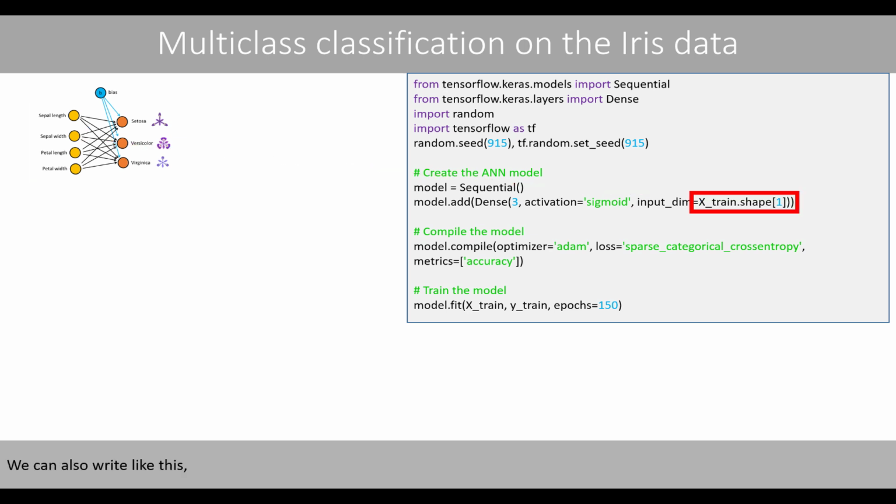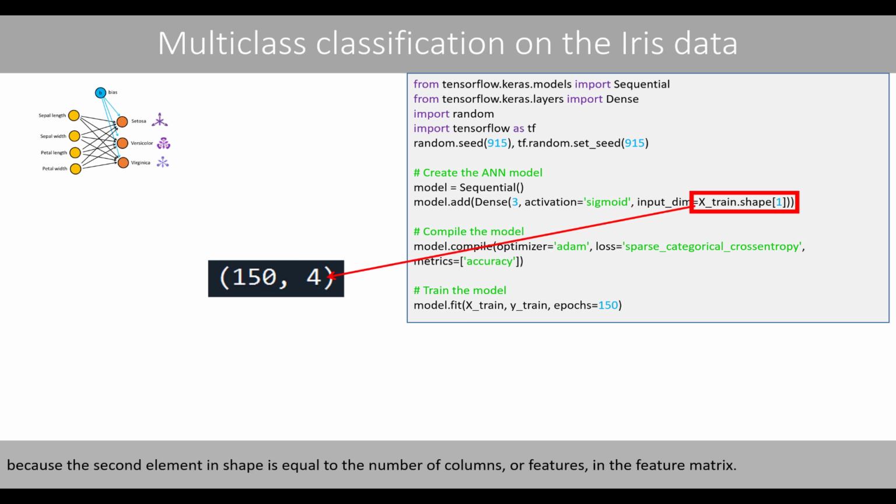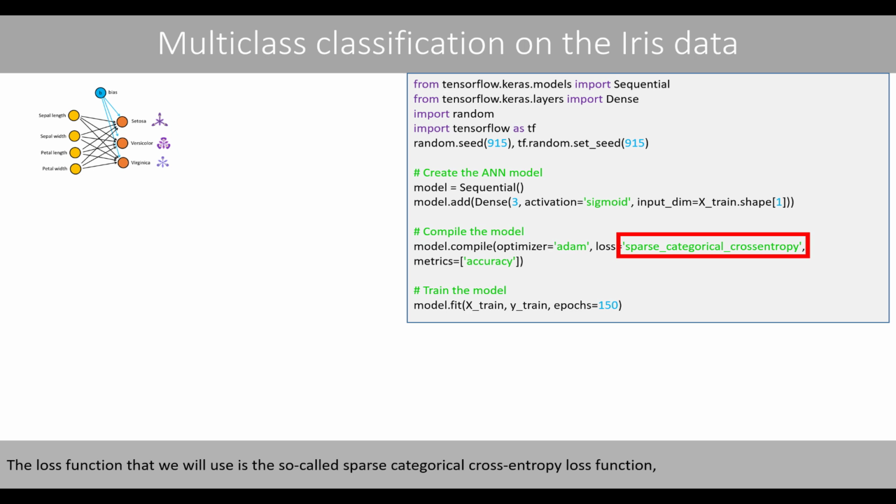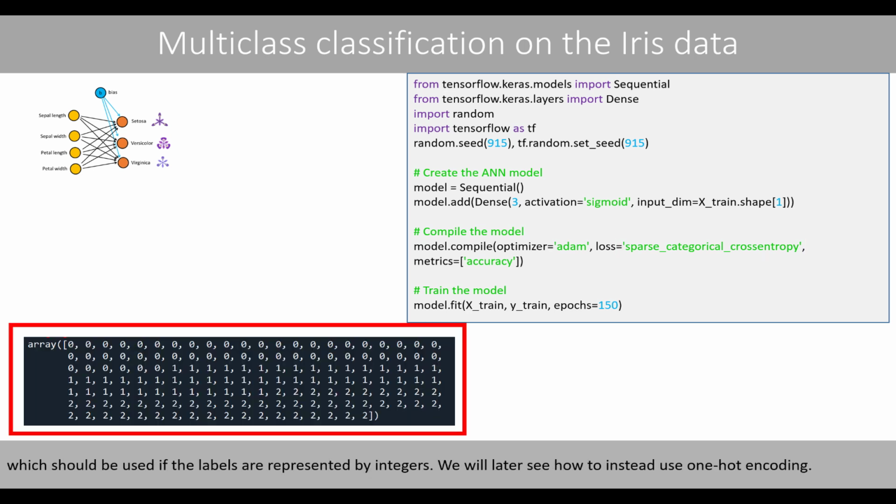We can also write like this, because the second element in shape is equal to the number of columns or features in the feature matrix. The loss function that we will use is the so-called Sparse categorical cross-entropy loss function, which should be used if the labels are represented by integers. We will later see how to use one-hot encoding.